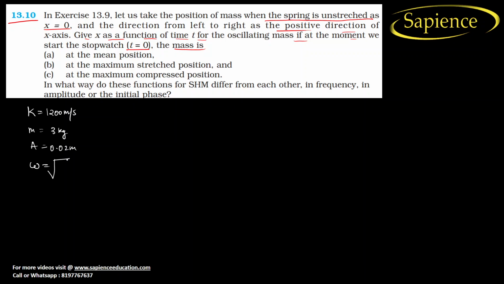Omega is equal to root under k by m, so this will be root under 1200 divided by 3, which is 20 radian per second. Now let us consider the general equation: x is equal to A sine omega t plus phi.